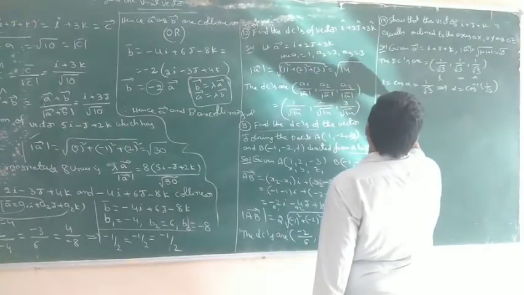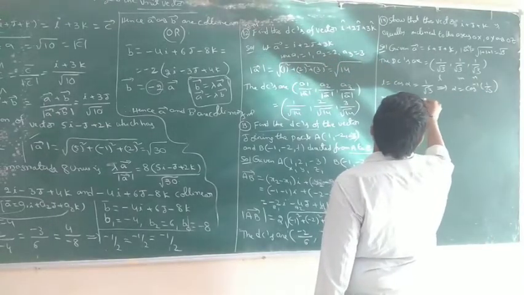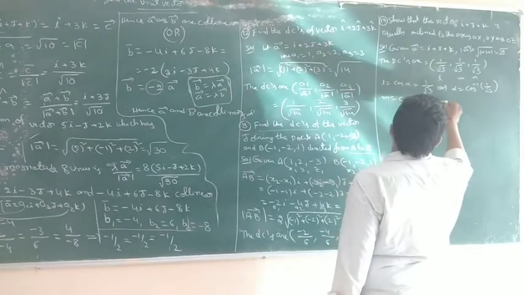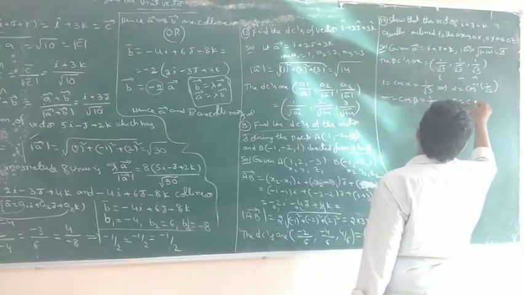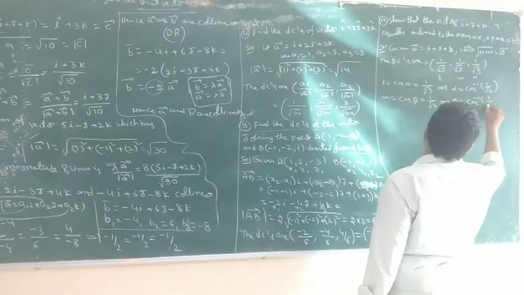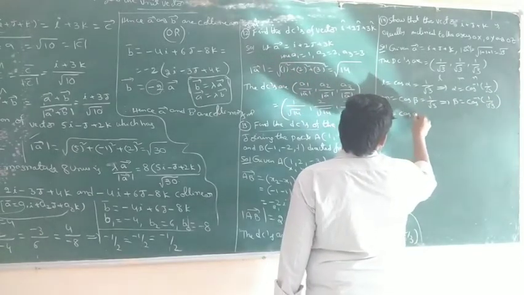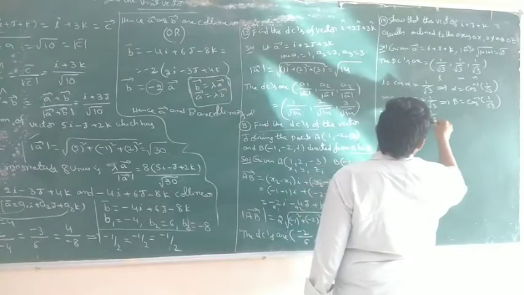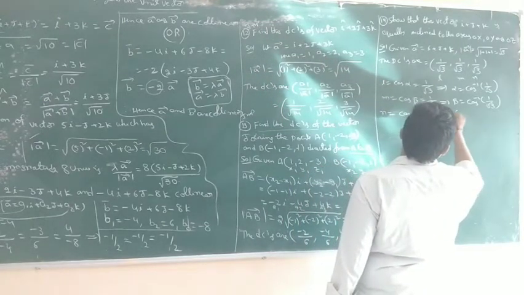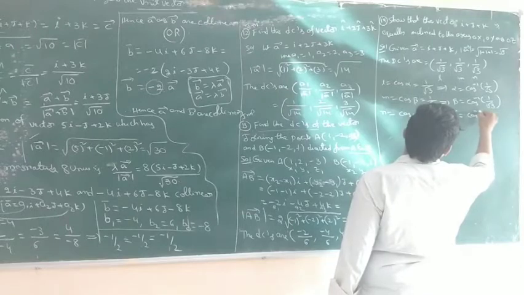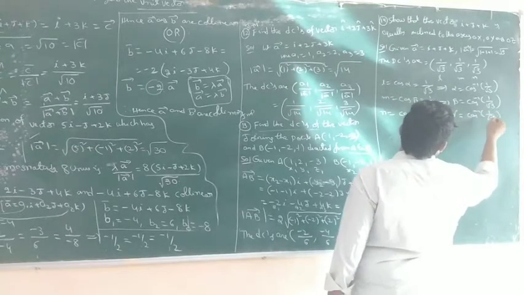Next M is equal to cos beta is also 1 by root 3, so beta is cos inverse of 1 by root 3. N is equal to cos gamma is also 1 by root 3, so gamma is cos inverse of 1 by root 3.